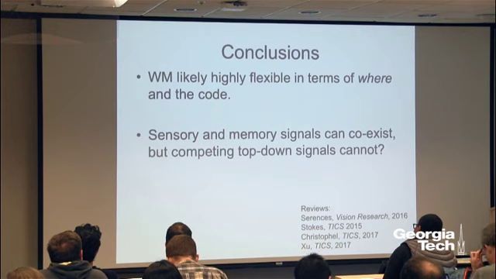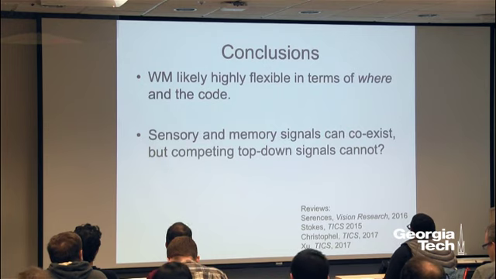You shouldn't be using the same chunk of tissue to do two things at the same time. But I think the data are pretty clear on this, and logically it might also be apparent that things can coexist. You could have passive sensory inputs passing through an area, and those could coexist with feature selective top-down modulations to that same region.